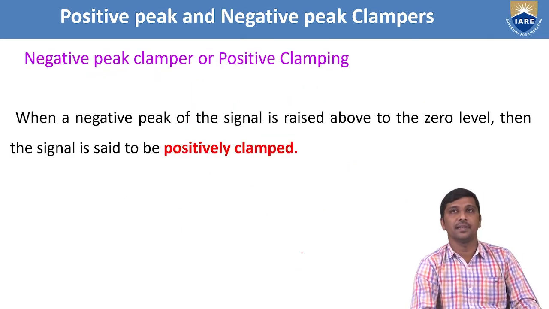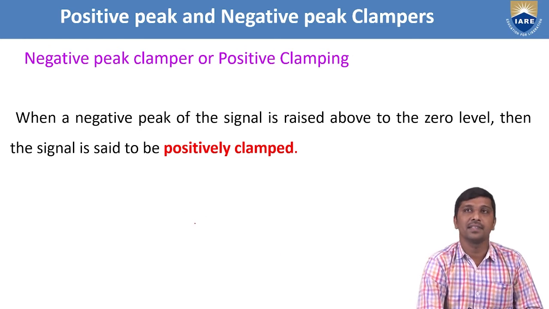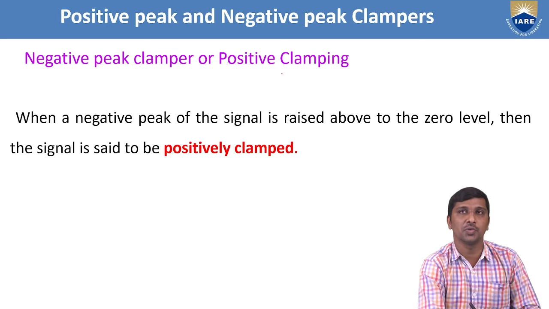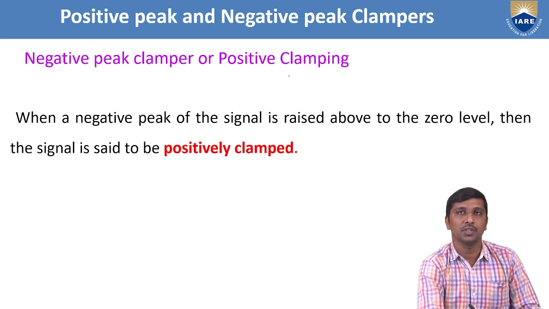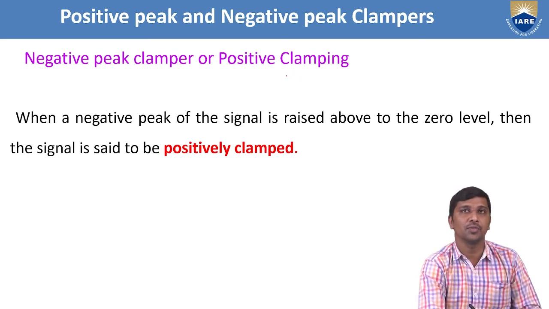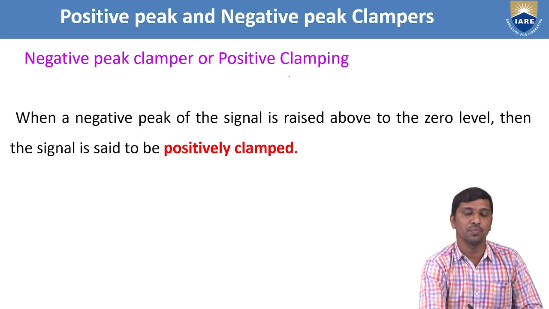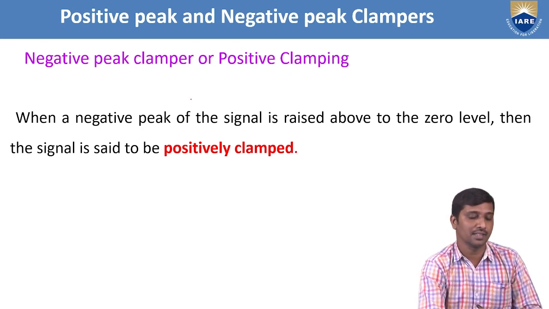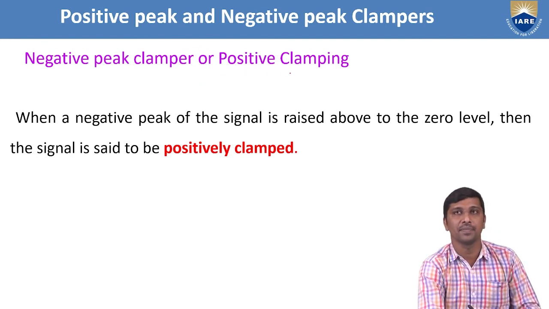Now we'll see another clamping circuit, the negative peak clamper or positive clamping. Just now we discussed what negative clamping is, why it is called negative clamping, and how it acts as a positive peak clamper. Now we'll see the other clamping concept, the negative peak clamper or positive clamping.